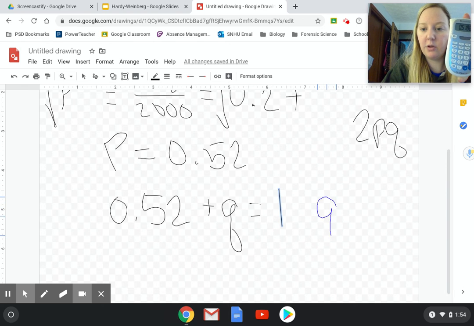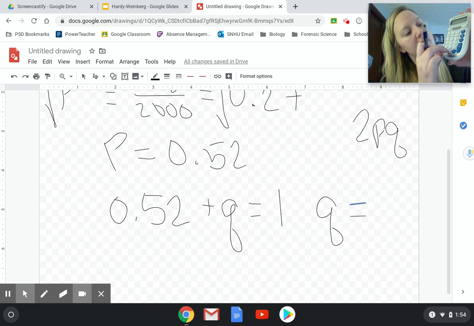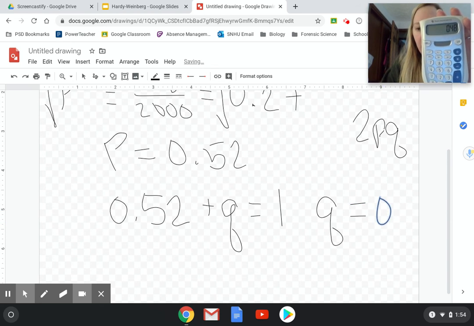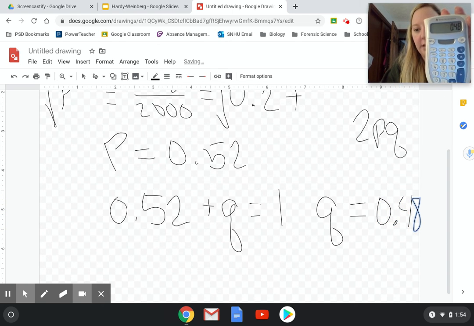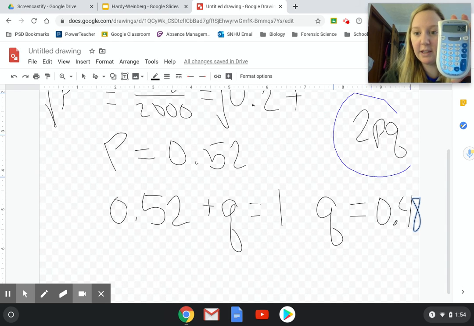We get q equals 1 minus 0.52, which is 0.48.